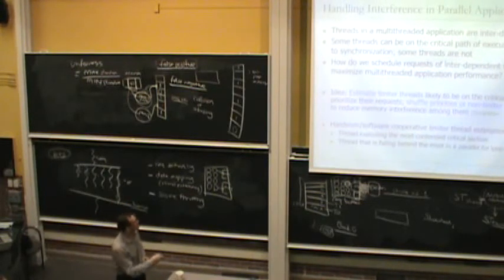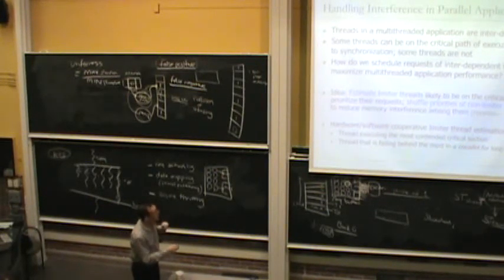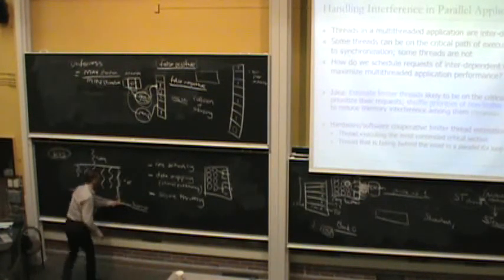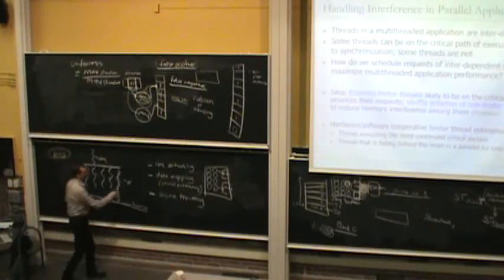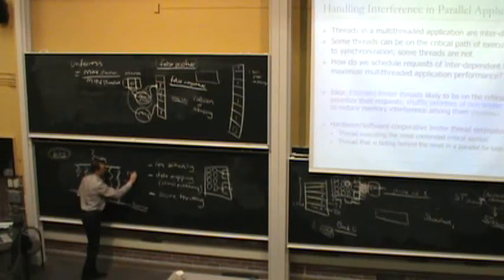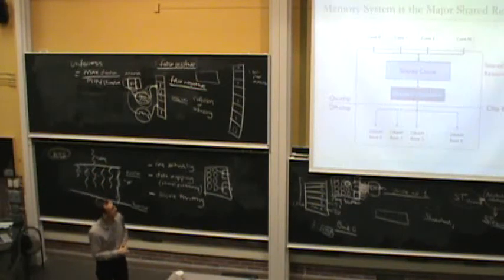Okay, so that's the idea. Hardware and software cooperatively estimate the limiter threads: the thread that's executing the most contended critical section, or holding the most contended lock, or the thread that's falling behind the most in a parallel for loop. This is a parallel loop, right? Or some other areas of synchronized programming. Okay?